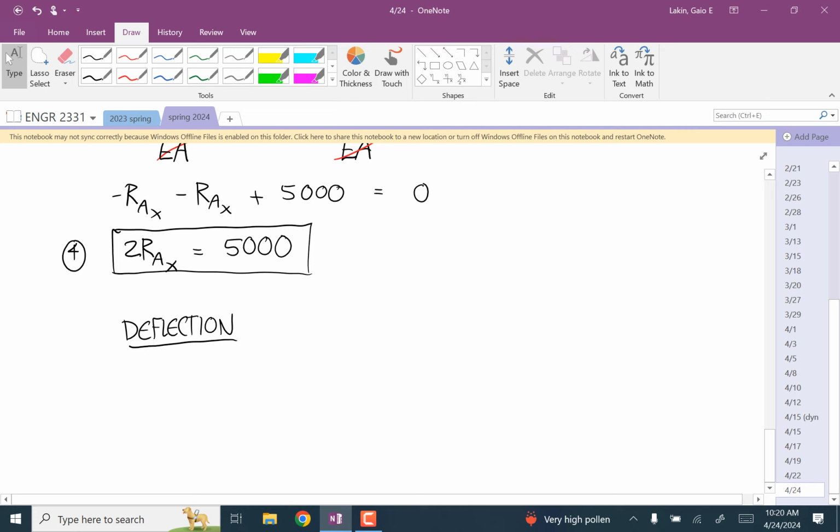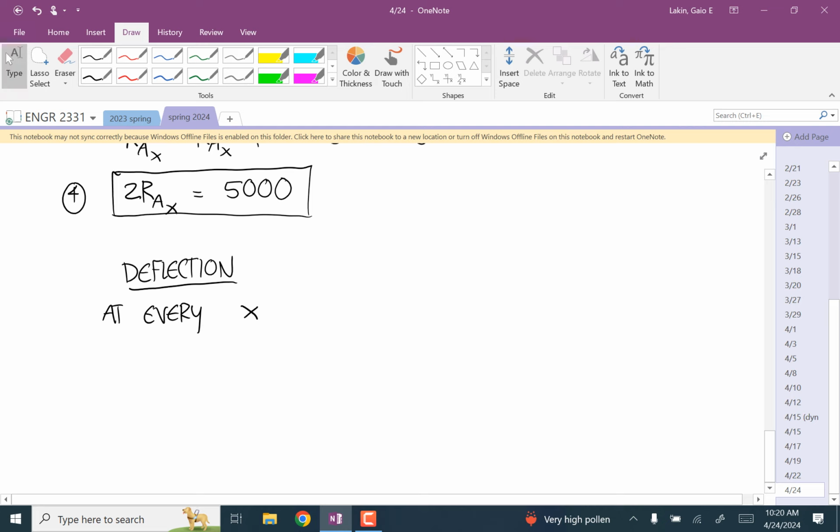Yeah. Okay, that's right. So the stuff that happens when x is equal to 0, that's going to be really easy with the math. Well, let's get into it. So the total deflection, we have that at every x, E I V double prime is equal to the bending moment.